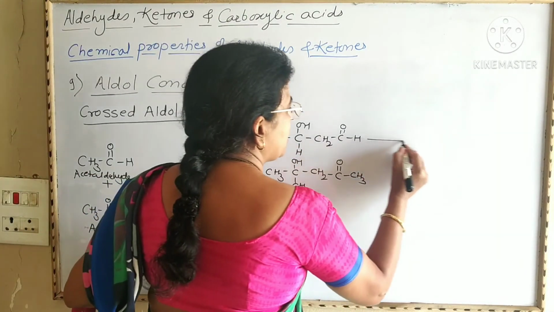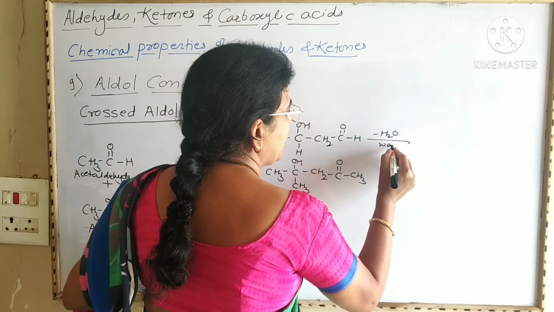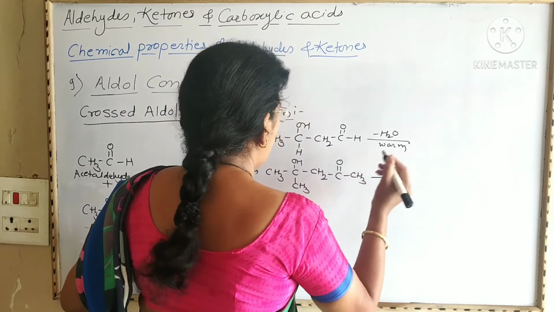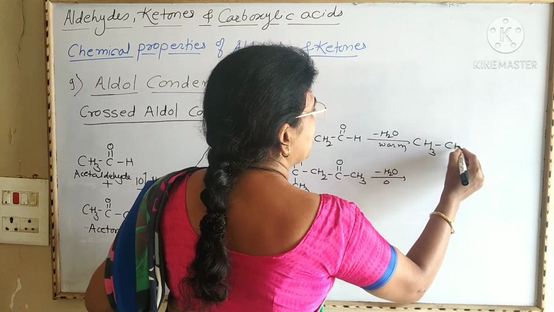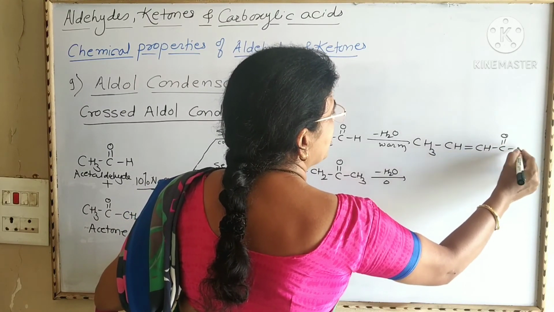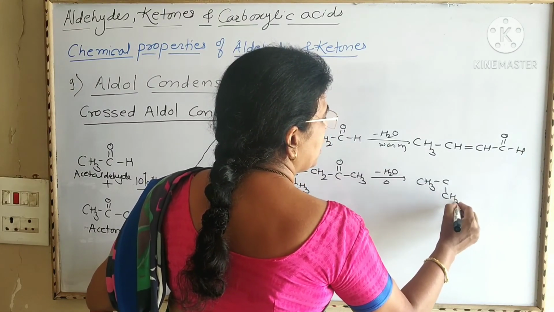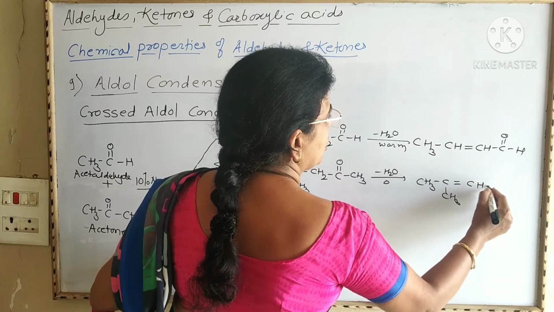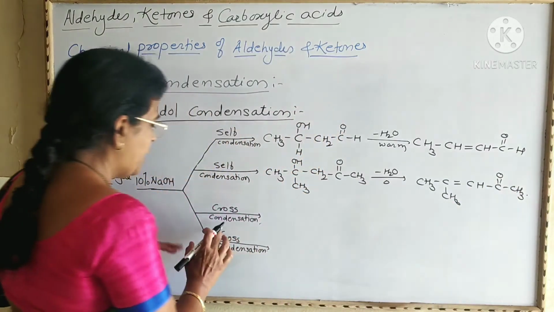Then these compounds undergo dehydration or alpha-beta elimination. Formation of crotonaldehyde, CH3CH=CHCHO, takes place. Then CH3C(CH3)=CHC(=O)CH3 is formed; this is mesityl oxide.